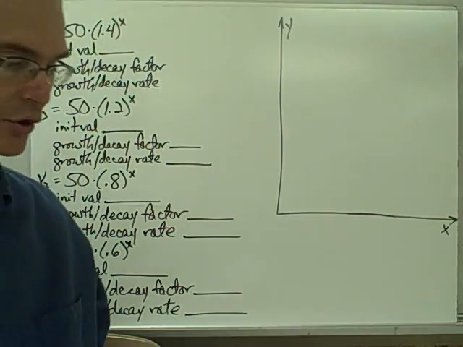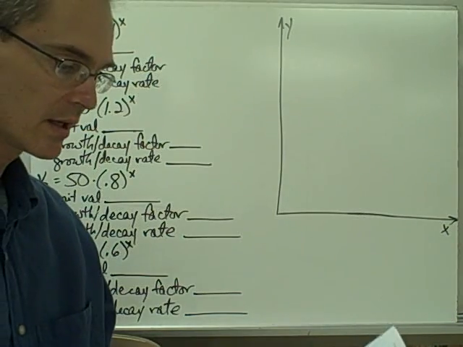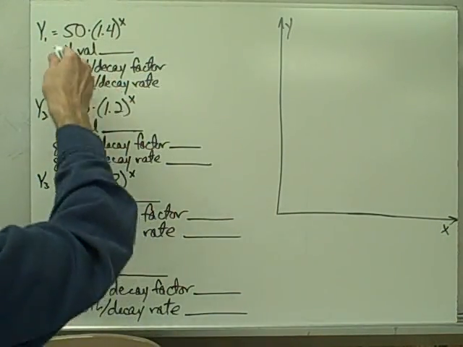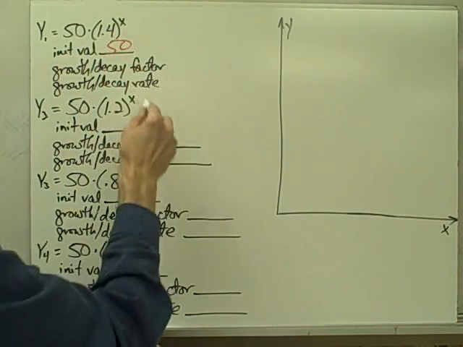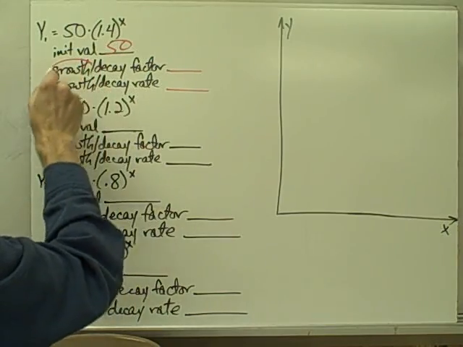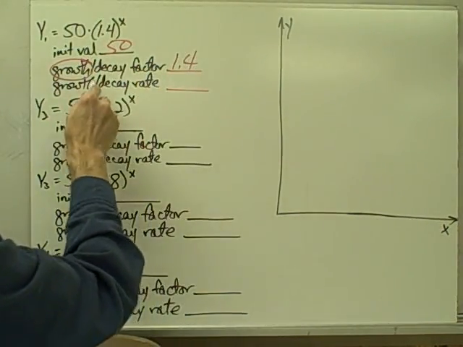All right, example number 2. Again, identify the initial value, the growth and decay factor and rate, and sketch the graphs of these. Okay, so my initial value for this function is 50. My growth or decay factor, again, I can see it's going to be a growth factor because it's greater than 1. Growth factor is 1.4.